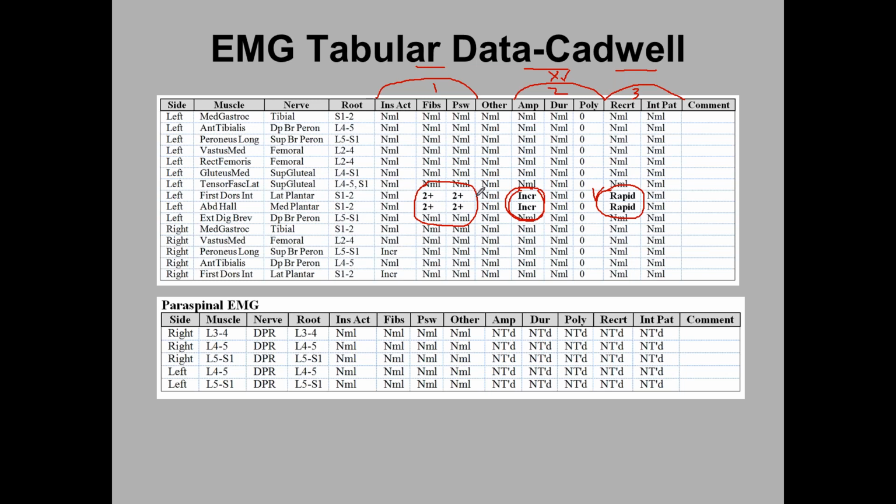We know with the fibs and positive waves that it's active. There is active denervation in the left posterior tibial innervated muscles of the foot. Remaining muscles in the sample, representative of L2 to S2 distributions, including their paraspinal levels, are normal.